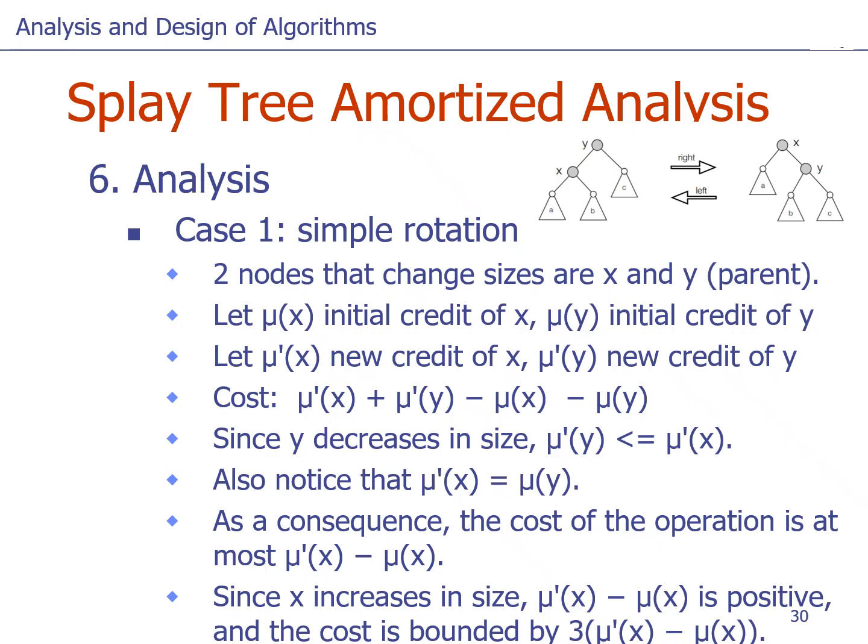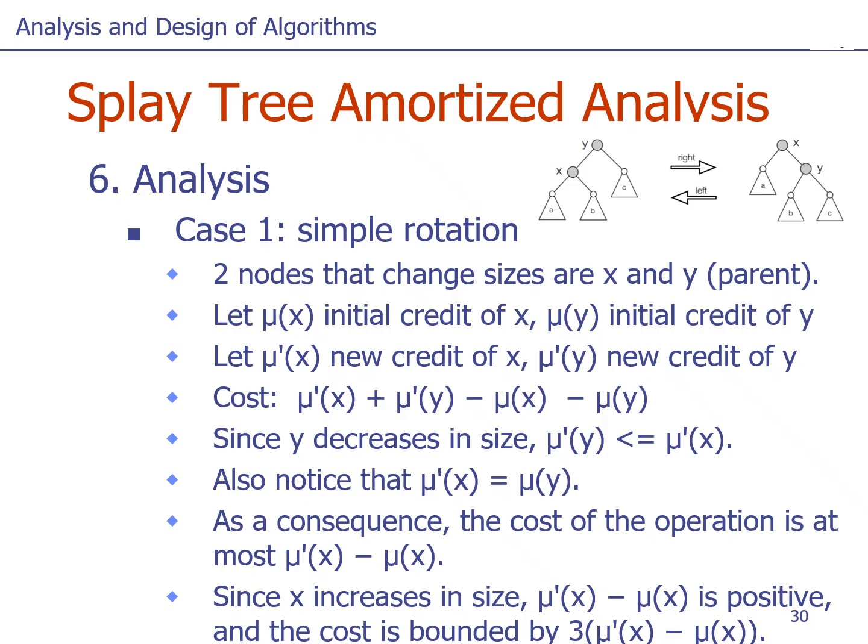It will cost me something to actually push it upward, but I'm also saving something. So there is a new balance for X, which is mu dash X. The same thing for Y. To push Y down, Y now has a new balance, which is mu dash Y.